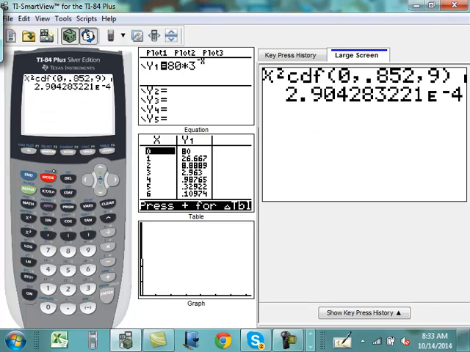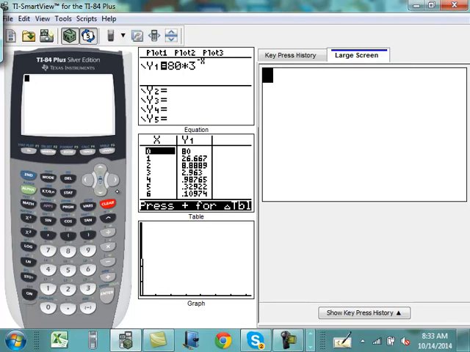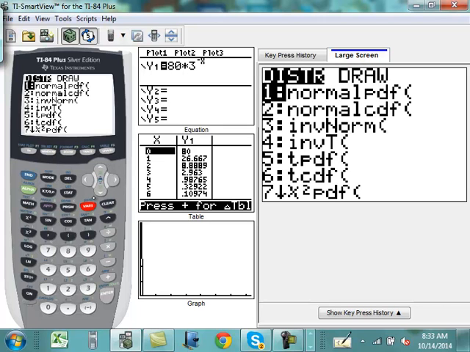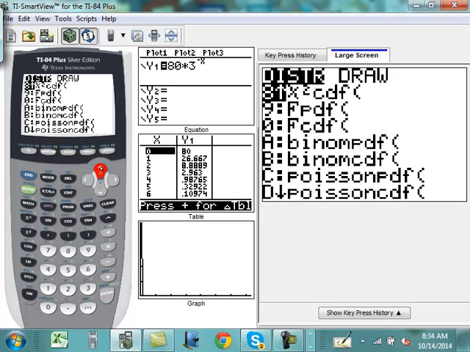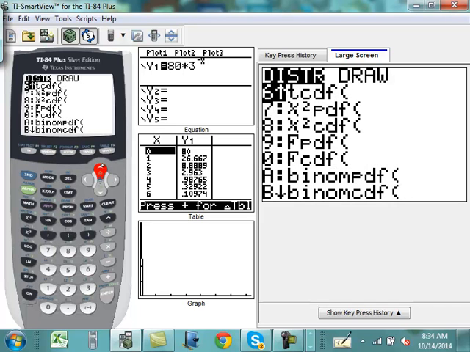Okay, now someone was asking me yesterday how to do critical values. Regarding the chi-square, I don't know of a way of getting critical values here. You'd have to do something like a chi-square inverse, which we don't have on this calculator. As you scroll through your various distribution options, you don't see a chi-square inverse.